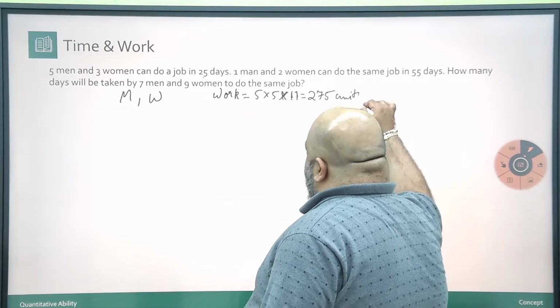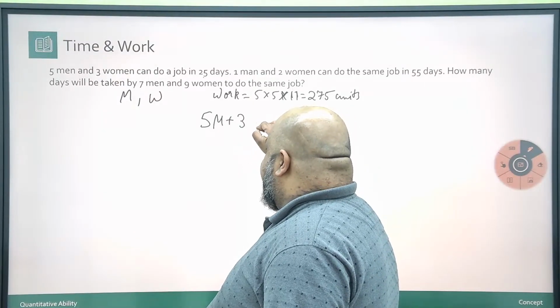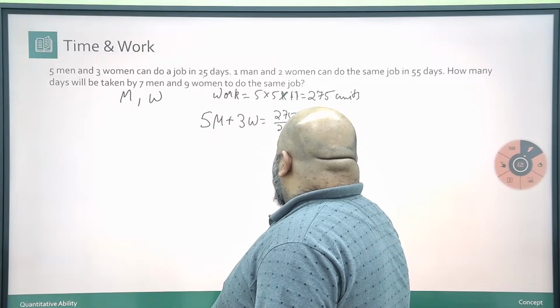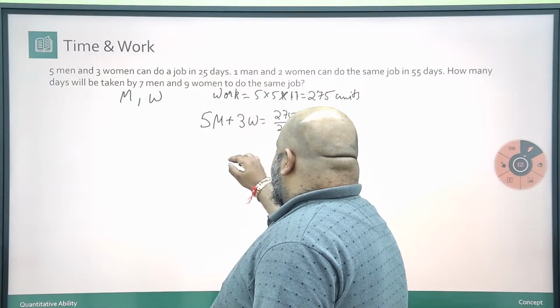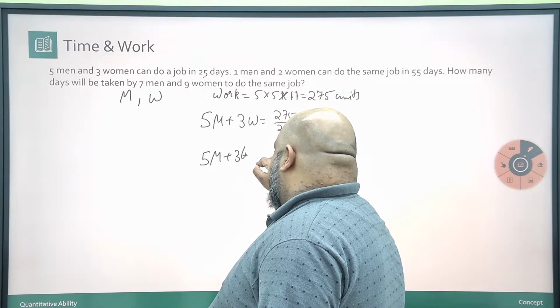And therefore 5 men plus 3 women will do 275 units in 25 days, which means 11 units per day. One equation has come: 5m plus 3w is equal to 11.